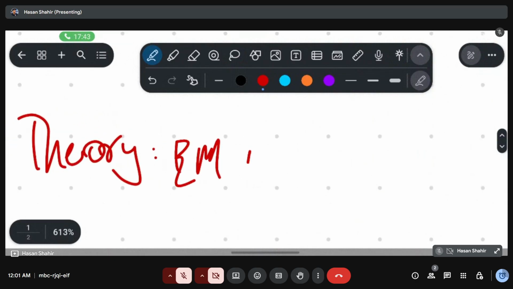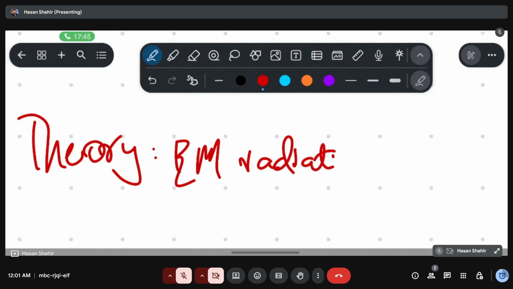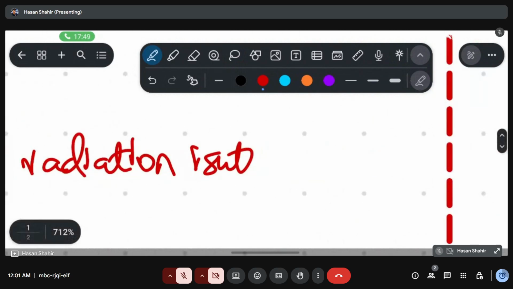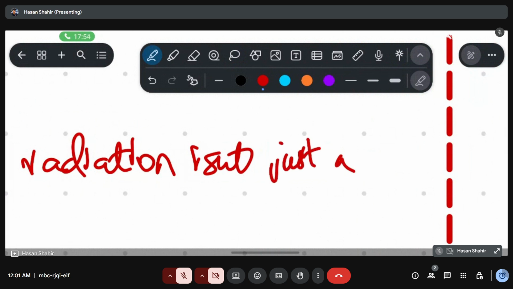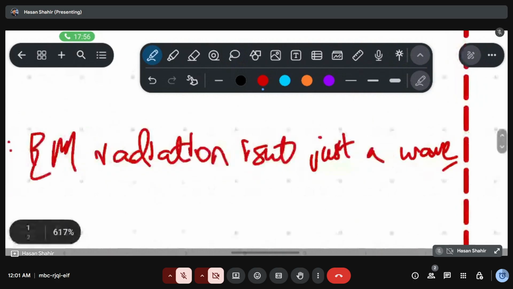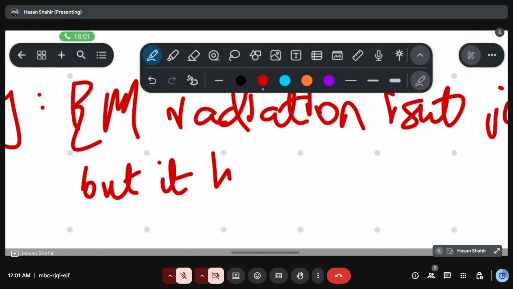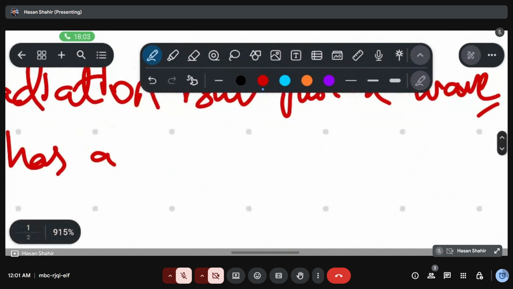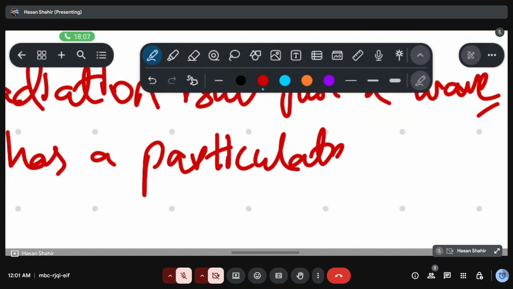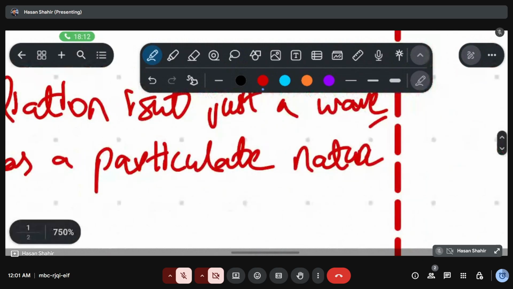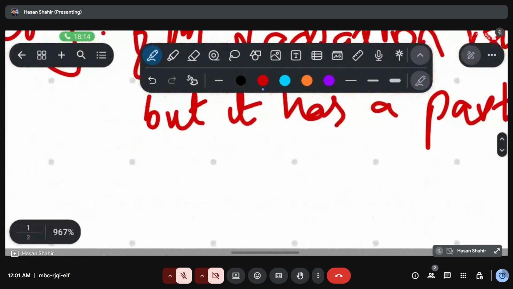Electromagnetic radiation isn't just a wave, but it has a particulate nature as well.